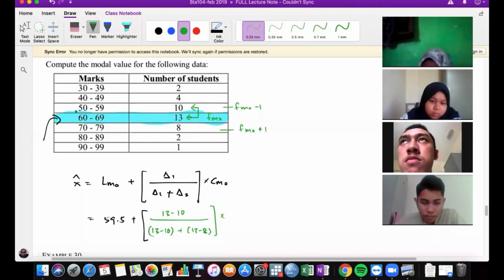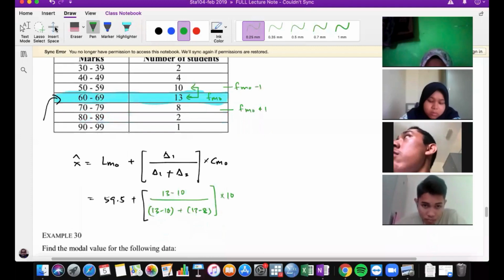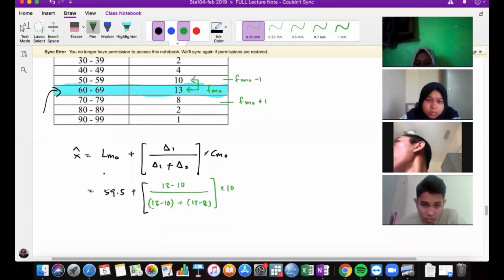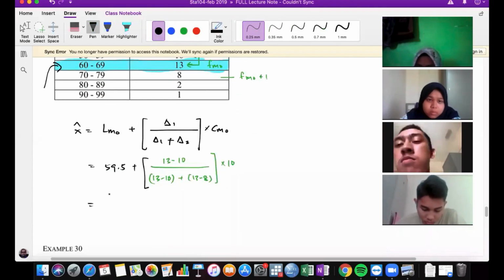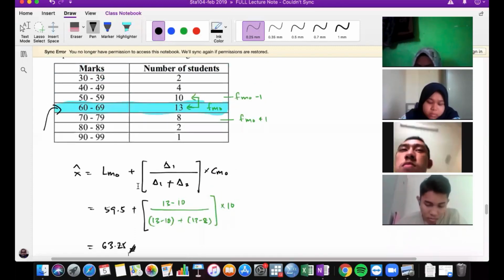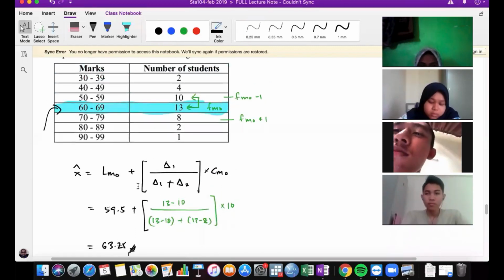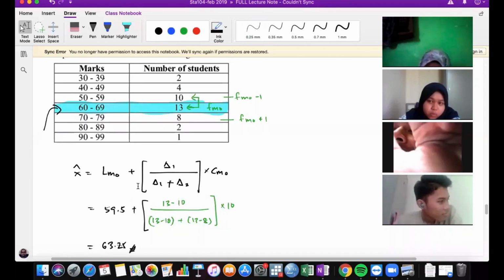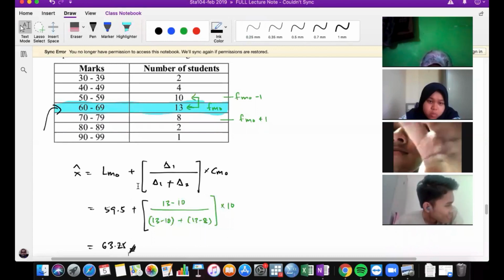Multiply with the class size, which is 10. So this should be equal to 63.25. So the mode of marks for 40 students is 63.25. Most of the students have 63.25 marks in their exam.